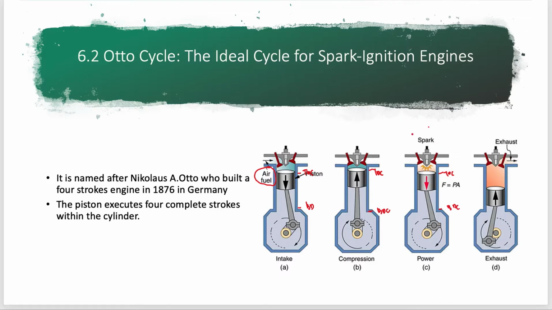In this process, we say that the heat addition is at constant volume. And lastly is the exhaust stroke, where the exhaust product is expelled through the exhaust valve and the piston moves from BDC to TDC. So we already have 4 strokes.